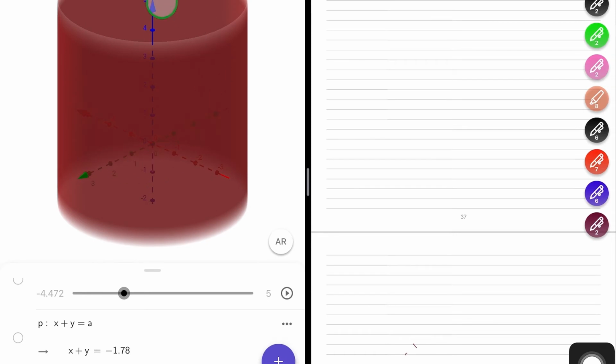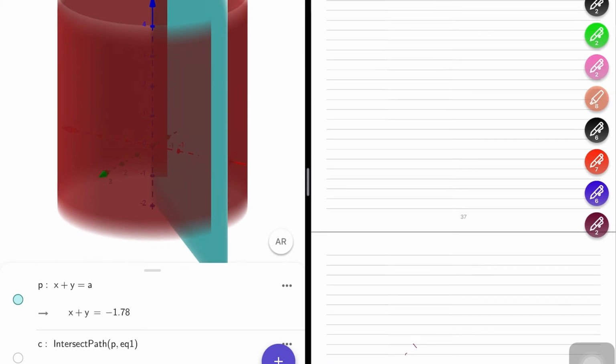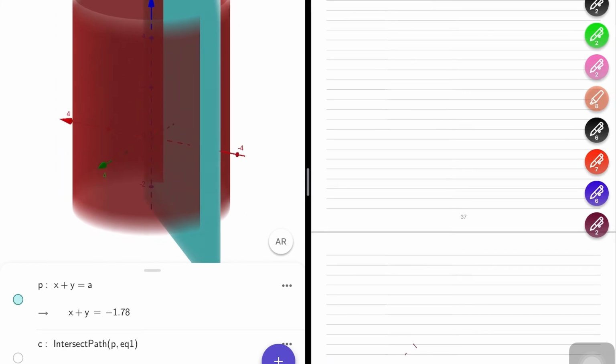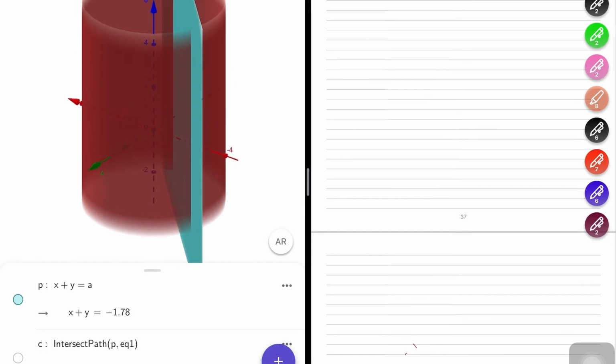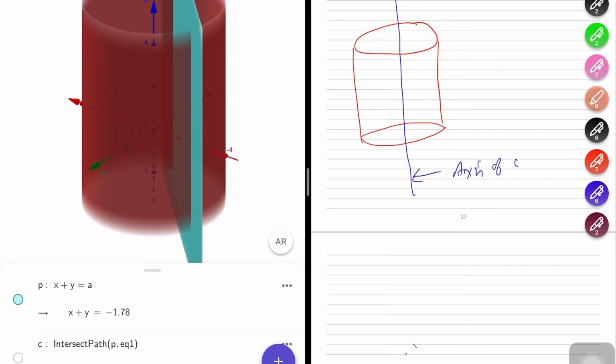So this is the cylinder with its axis, and let's consider a plane.